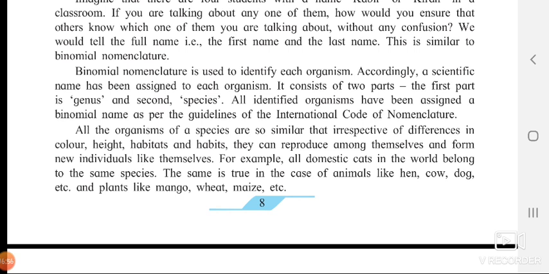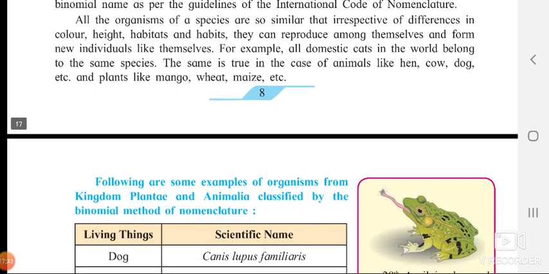For example, all the domestic cats in the world belong to the same species. Now you will term all the varieties of cats which are present. You have seen cats are also of various types, but they belong to the same species. The same is true in the case of animals such as hen, cow, dog, etc. and plants like mango, wheat and maize.